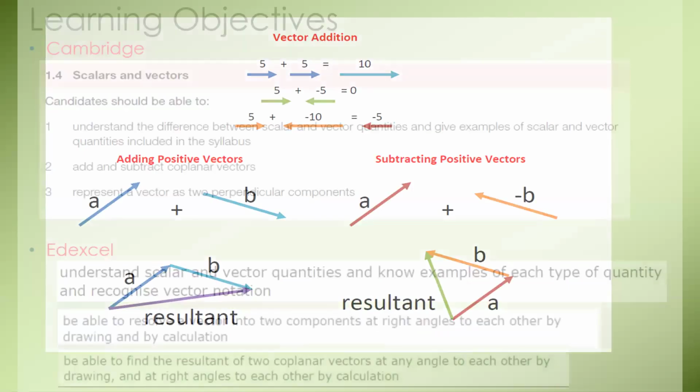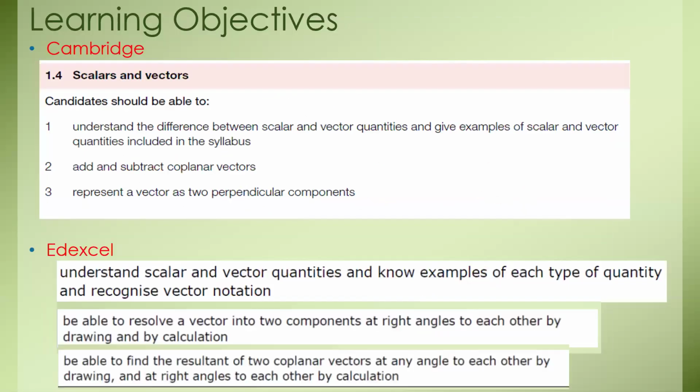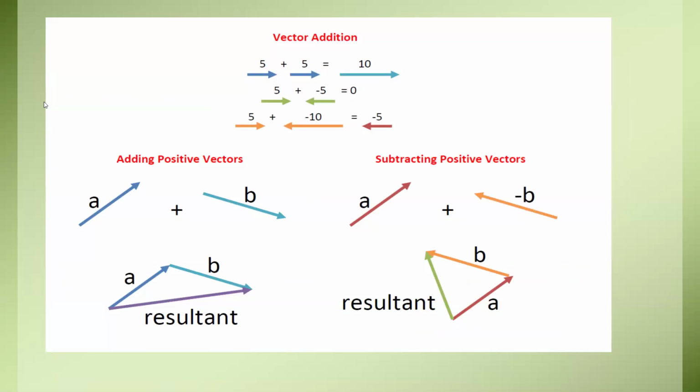Now, the first part is addition of vectors. If we want to do addition of vectors, and the two vectors are acting in the same direction, how will we add them? We'll simply add their magnitudes. For example, a force of 5 Newton.